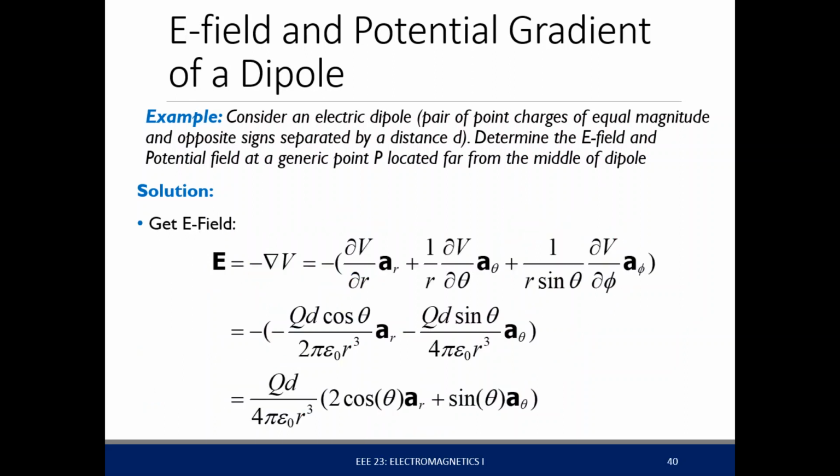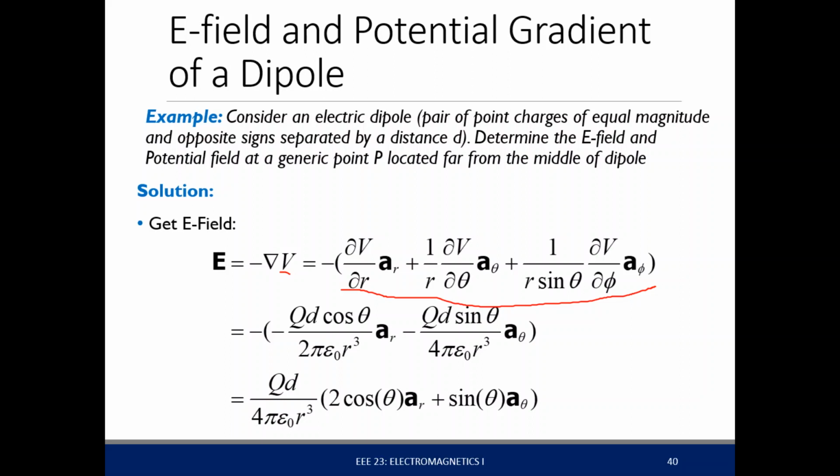You can now solve for the electric field by getting the negative gradient of the scalar field. Since we're expressing it in spherical coordinates, the gradient of a spherical coordinate is something like this. Okay?